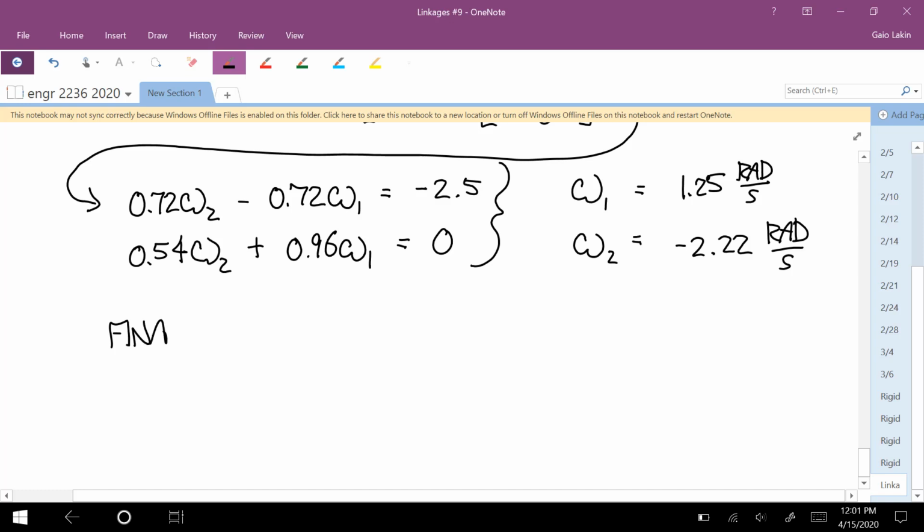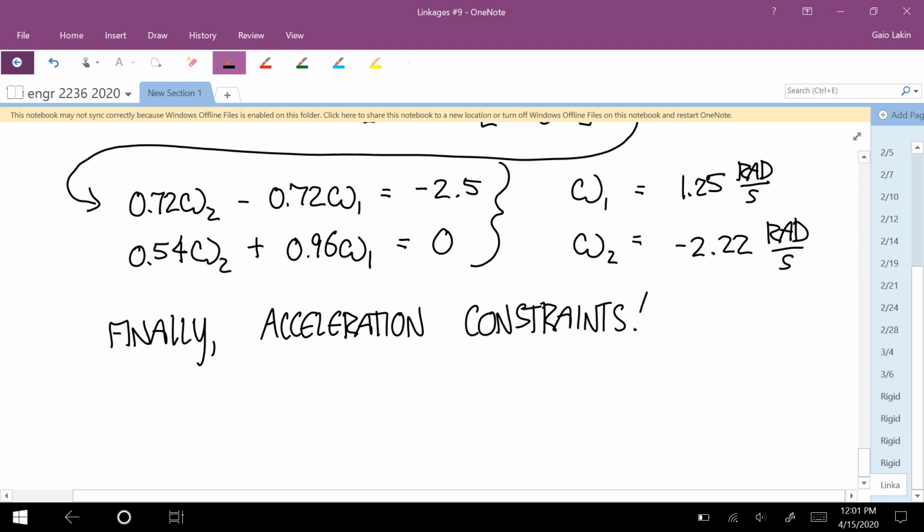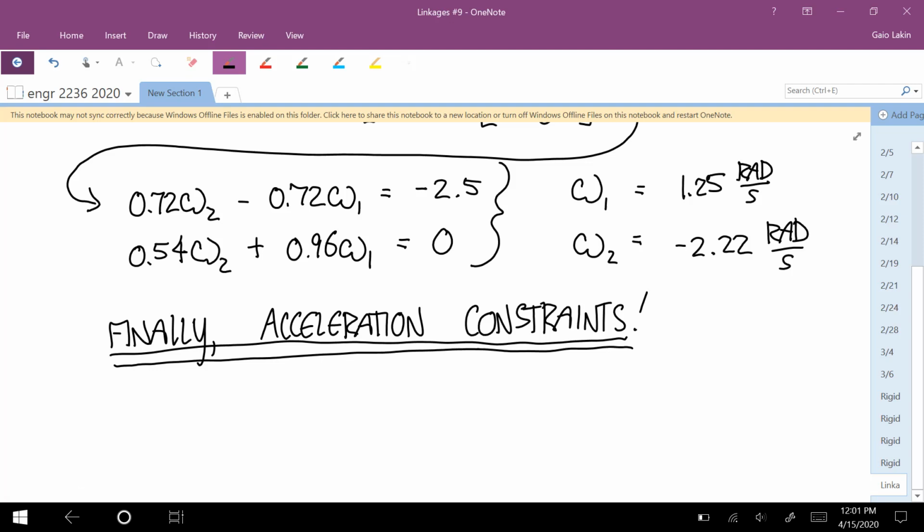Okay, so finally, we're on to the acceleration constraints. Well, we have to say that the accelerations at these joints, D and E, I guess just those two joints, match.